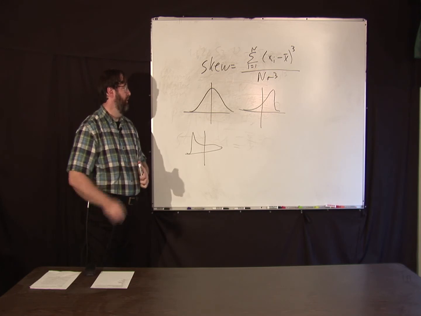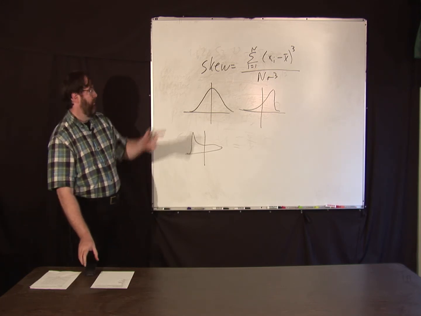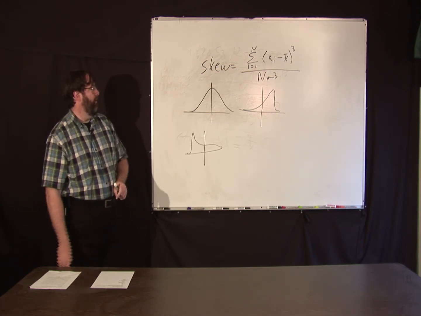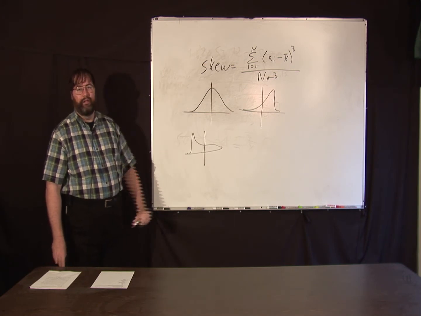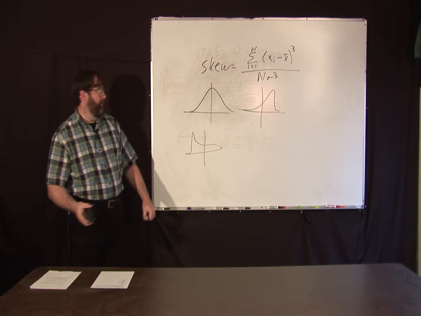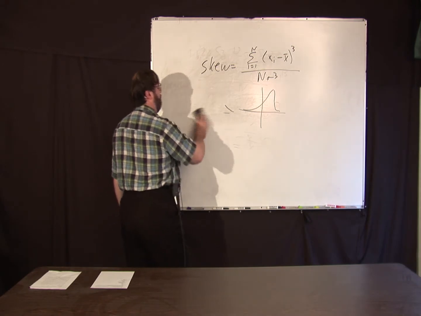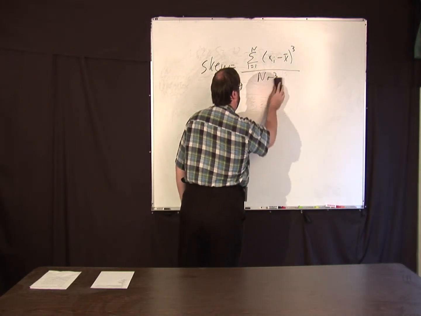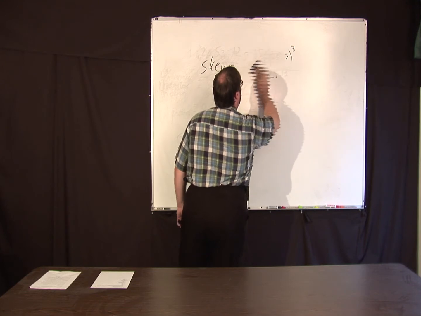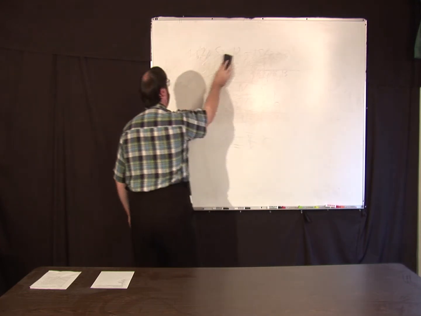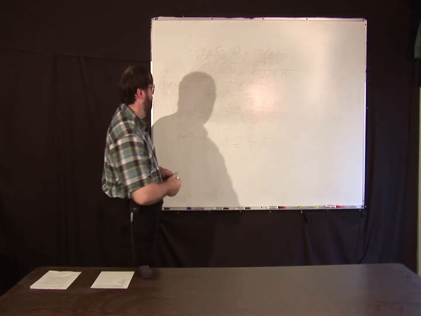Now, that's the third power of the difference from the mean. There's also another one that's proportional to the fourth power of the difference from the mean, and it has a fancy name.